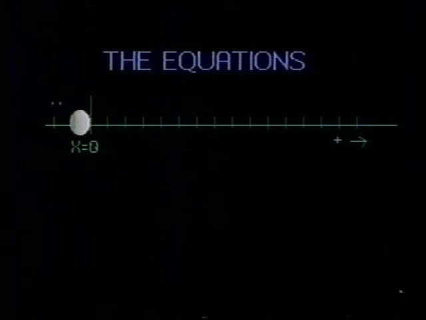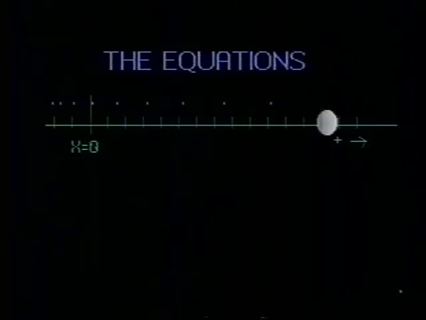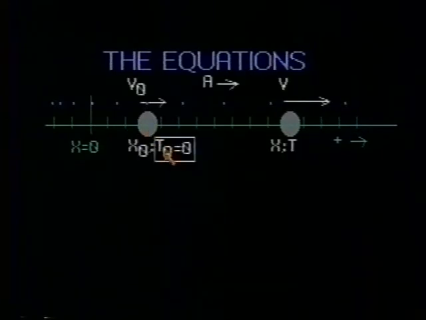We examine an object undergoing constant acceleration along the x-axis. If we imagine the object at 2 points along its path, at an earlier position and a later position, at the earlier position, we arbitrarily assign the time at that point to be equal to 0. t0, the 0 standing for the original time, is equal to 0.